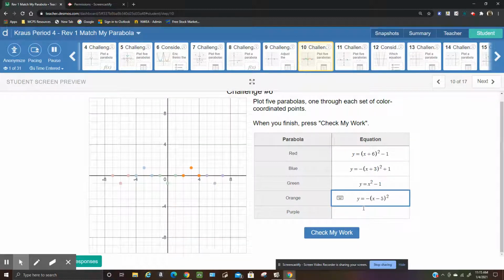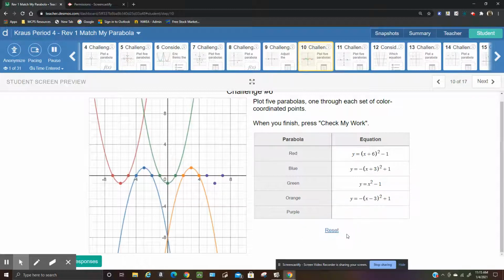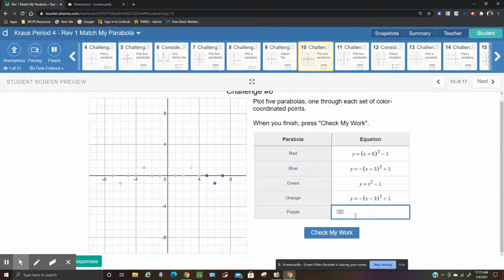Oops, that's 3. +1. And the purple one, x -6 squared -1.